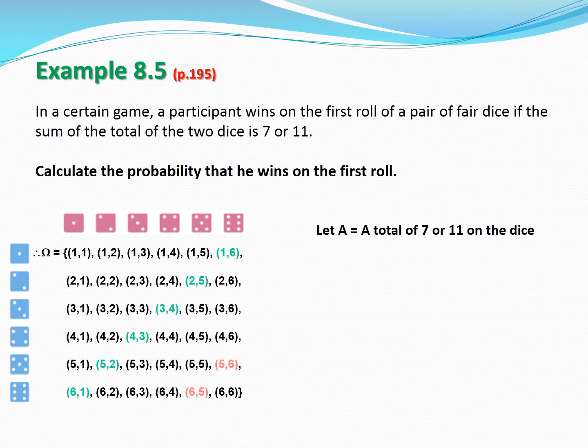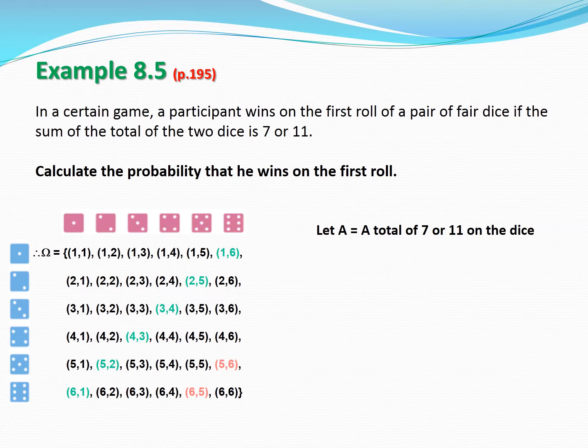And you can have, for instance, a 1 and a 1, a 1 on the first die and 2 on the second die, 1 on the first die and 3 on the second die, etc. We let event A then be the event that the total is either 7 or 11 on the dice.